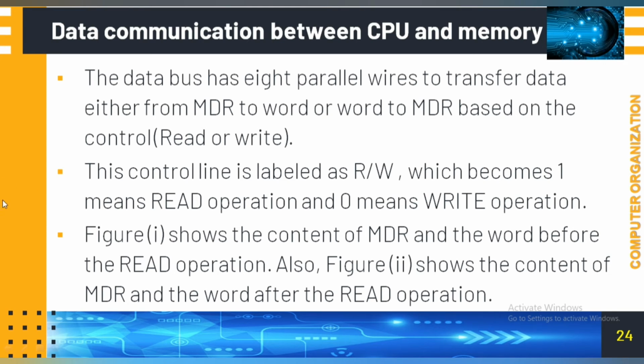Okay, so now you can see the first figure shows the content of MDR and the word before the read operation. The second figure shows the content of MDR and the word after the read operation. So before the read operation how the content is, and after the read operation how the content is changed. Now you can see the diagram.